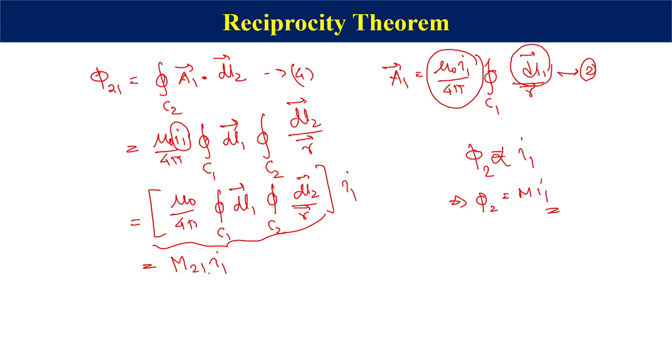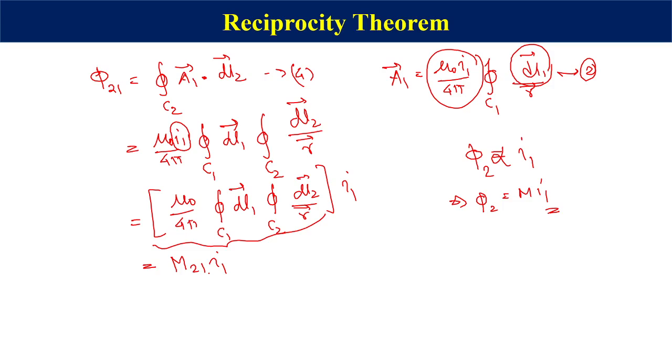Now, this particular integral is very symmetric between the circuits C1 and C2. It doesn't matter whether you alter the integral signs C1 and C2. In this case I considered that the flux linked with coil C2 is changing because of the current in C1.